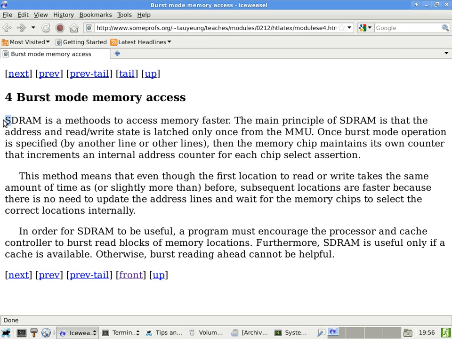So when the clock goes up, the processor will sample the data line and say, okay, I got a byte. When the clock goes down, the processor will assume whatever is on the data bus reflects the content of the next location. When it goes up again, it is the next location. When it goes down again, it is the next location. DDR2 will also add a sample time between the transitions.